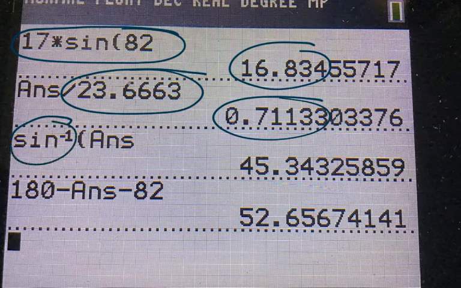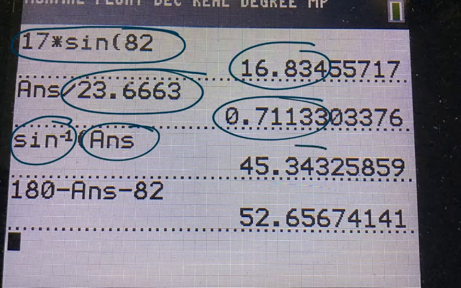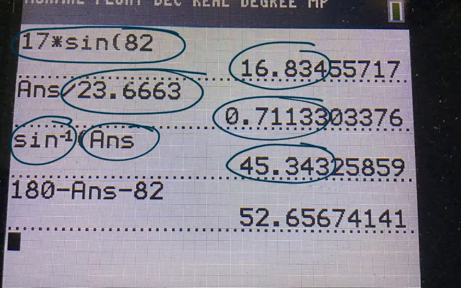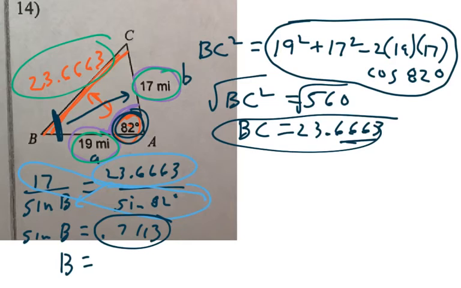So when I do the sine inverse of it, I know I get 45.34. Now again, leave that in your calculator. We'll go ahead and round it off for our answer's sake, but I'm going to round it off to 45.3. But leave it in your calculator, guys, okay? So what we just figured out is that angle B here, guys, is 45.3. Hopefully you can read that, okay?